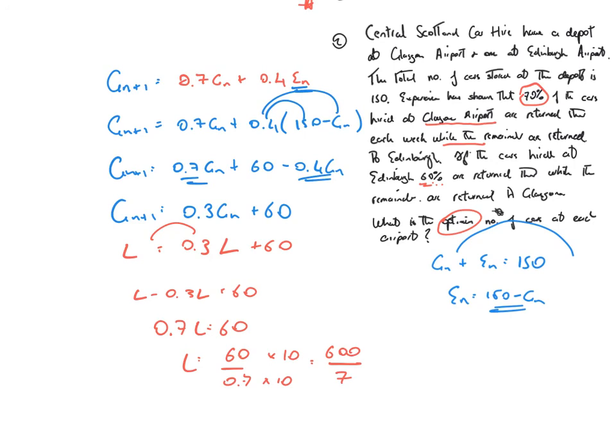Now that gives me a kind of awkward result, 85.7. I think we just round that to 86 cars. So 86 cars in Glasgow Airport. If there's 150 cars in total, take 86 off 150, and that will give me 64 cars at Edinburgh Airport.